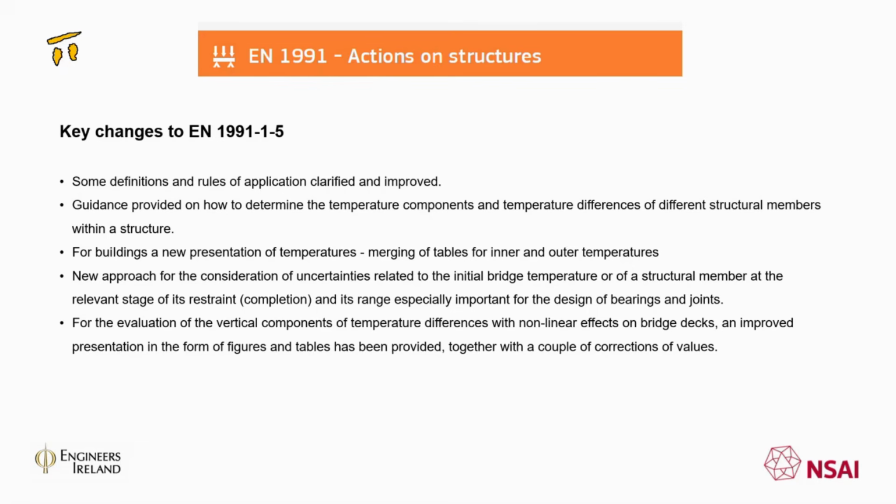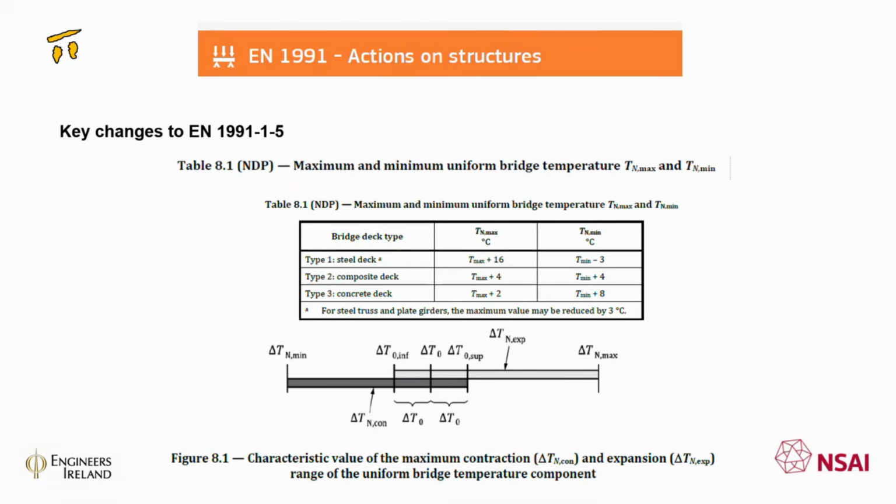And then the evaluation of the vertical components of temperature differences with nonlinear effects on bridge decks. There's an improved presentation given. There are maximum and minimum uniform bridge temperatures. This is a nationally determined parameter which is yet to be looked at and put into our national annex.